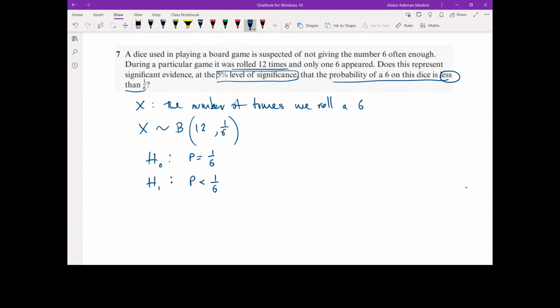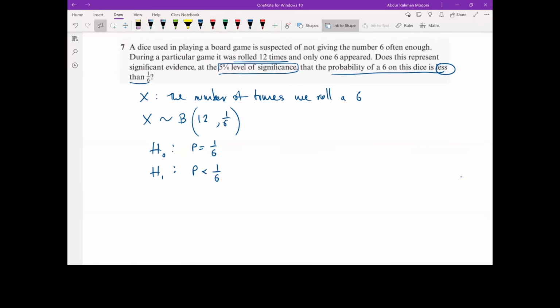Let's start off by drawing our number line. It's a binomial distribution, so we can go from 0 all the way up to 12 successes, i.e. 0 to 12 times the 6 can appear. But the question tells us what the test statistic was: out of the 12 trials, a 6 appeared only once.